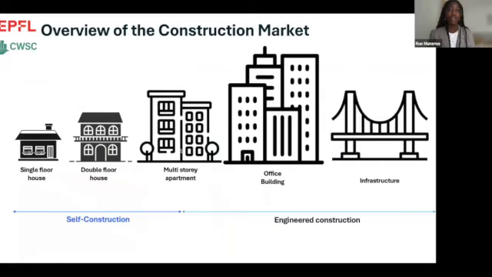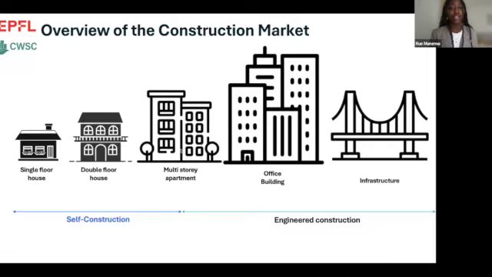Okay, so I'll provide an overview of the construction market in your average sub-Saharan African country. Typically, the construction market is split between engineered construction and self-construction.